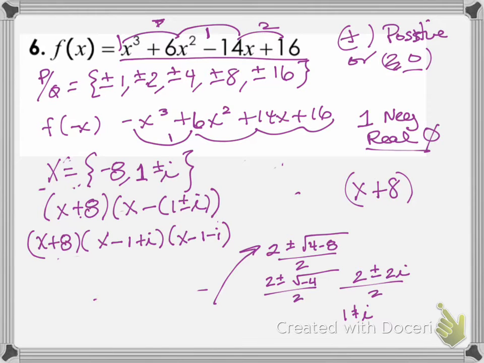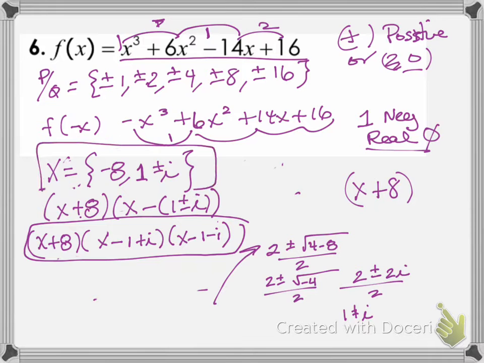So that's what that looks like. Okay, this is the zeros, and this one is the factorization, the linearization.